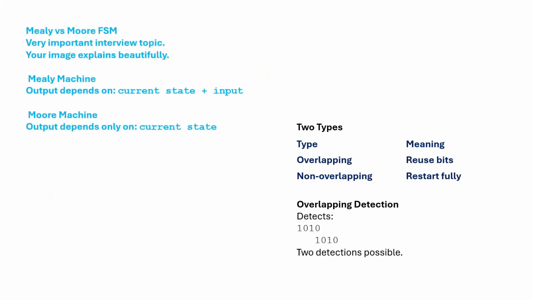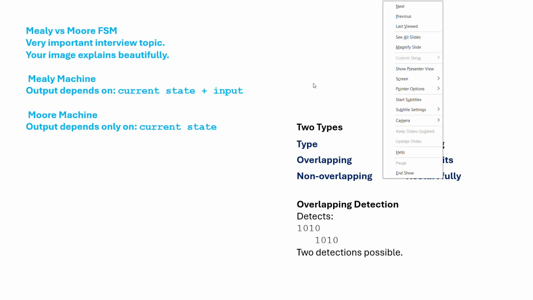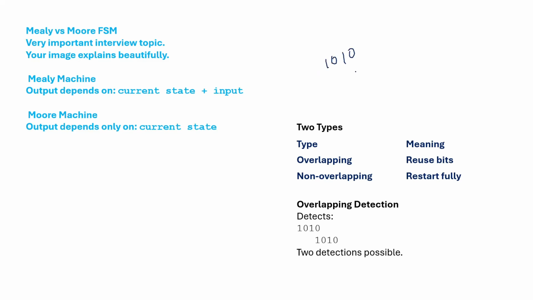I told you about two types of techniques. Overlapped means we reuse the bits, meaning the same bits are reused when I want to detect the 1010 pattern. The next pattern is detected starting from the shared bit: 1010 and then 1010, so the pattern repeats again. Or you want to detect 10101, so at this time the 1 is also taken. For example, 1, 0, 1, 0, 1, 0, 1, 0, 1, 1.